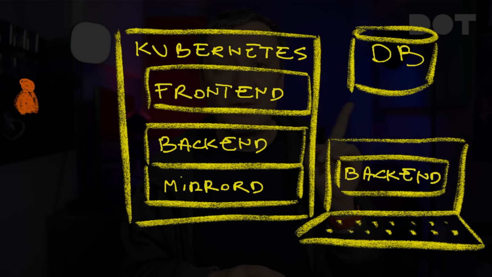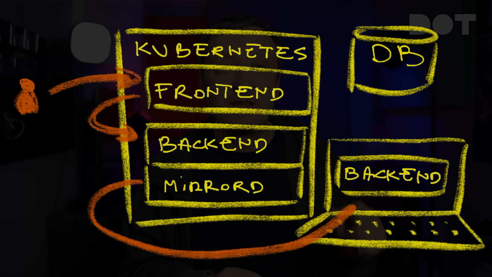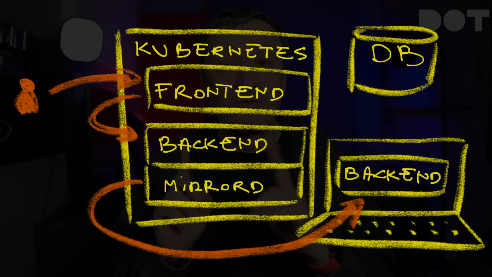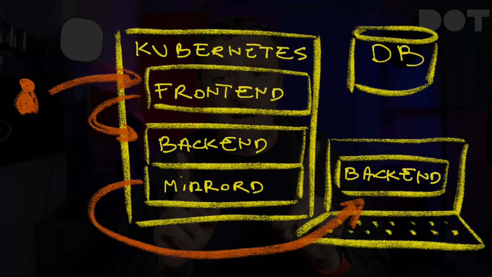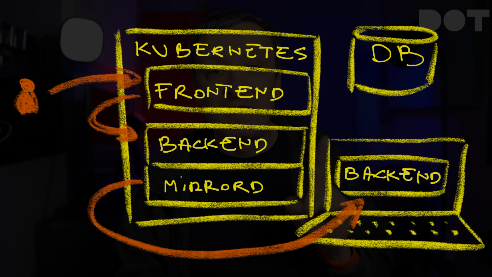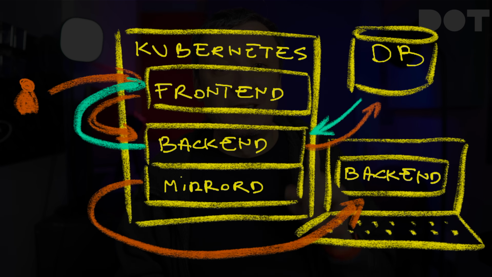We sent a request to the frontend, which sent another request to the backend. Mirrord detected that incoming request and mirrored it into the local process on the laptop. Both the remote and local backend processes processed that request, but only the remote process made the outgoing request to the database to retrieve data, and only the remote process responded back to the frontend.